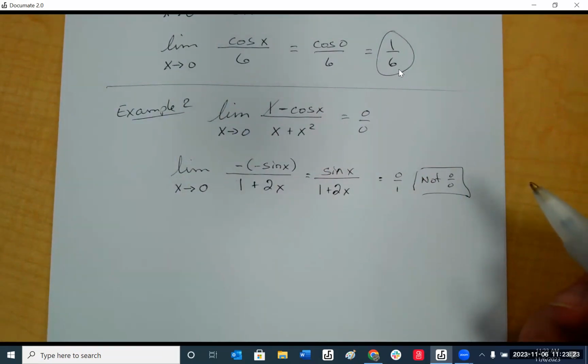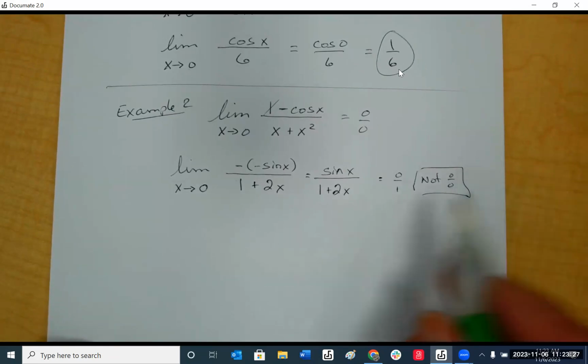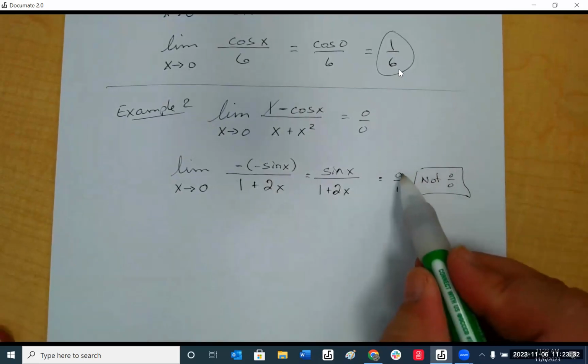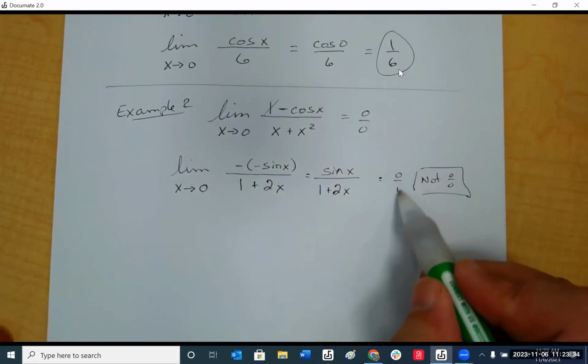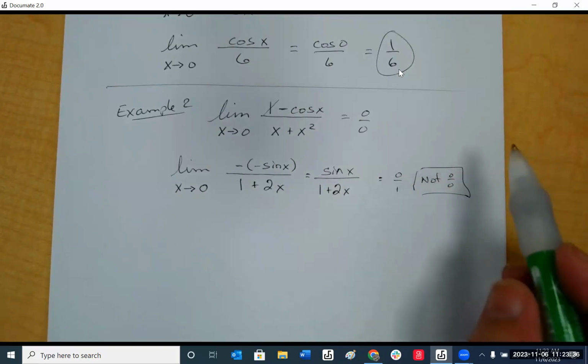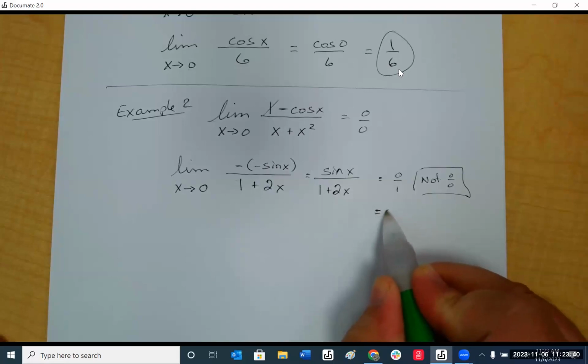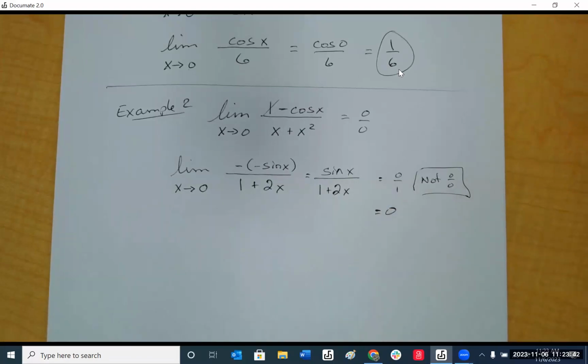Is it because it's technically one of the forms, like infinity over 0? Actually, no. We can't, because it's 0/1. If it was 0/infinity or infinity over 0, we could go on further. But since it's 0/1, the limit of this function is 0.